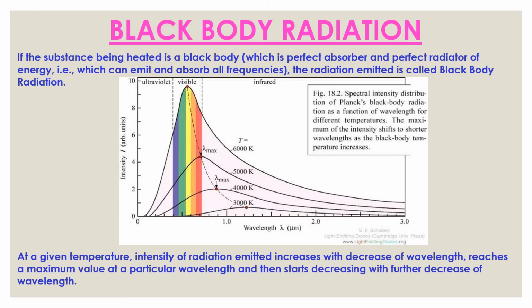We can conclude that at a given temperature, the intensity of radiation emitted increases with decrease of wavelength, and it reaches a maximum value at a particular wavelength, and then it starts decreasing with further decrease of wavelength, that is from right to left in the given graph. So I hope you have understood how the intensity and wavelength of any wave is varying. Okay, so let us proceed.